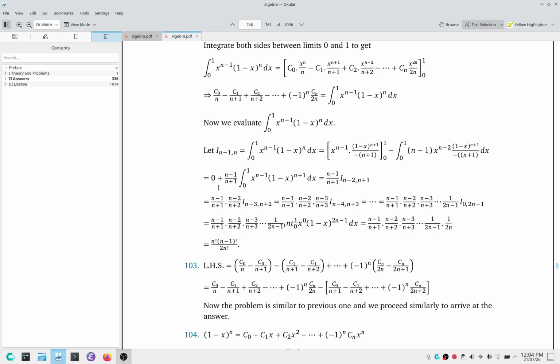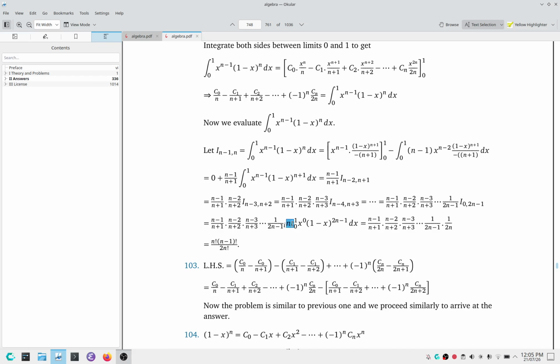So this becomes minus n plus n minus 1 upon n plus 1 integration 0 to 1 x to the power n minus 1 times 1 minus x to the power n plus 1 dx. That is equal to n minus 1 upon n plus 1 times I of n minus 2, n plus 1. And then we establish the recurrence relationship.